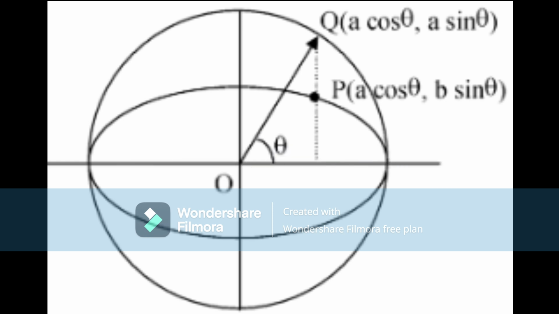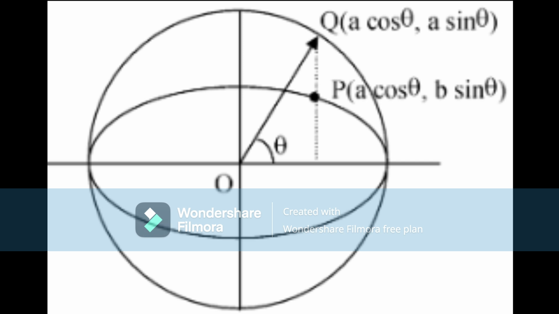Because of x square by a square plus y square by b square, I want a single parameter that helps me find a point on the ellipse.